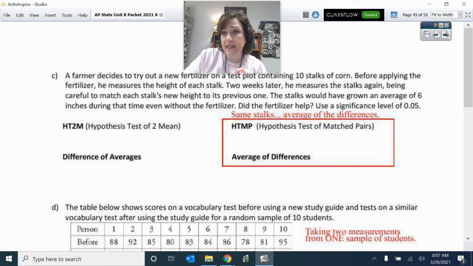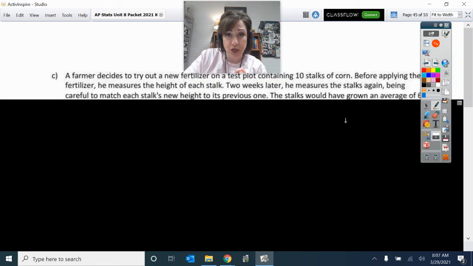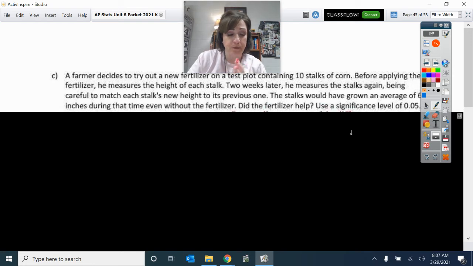The reason I'm pointing this language out to you is because it plays into how you talk about your conclusion. For example, with the paired data, it is really important that you stress that we're talking about the average of the differences. With the two separate independent means, the language of your conclusion typically works itself out and makes that clear.